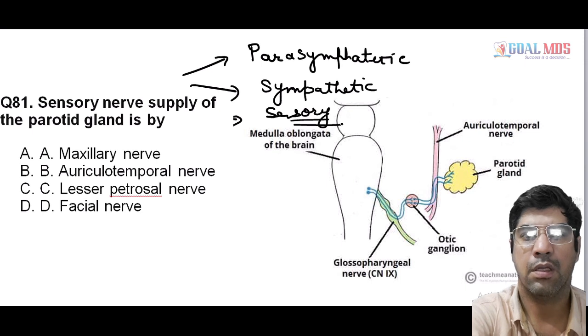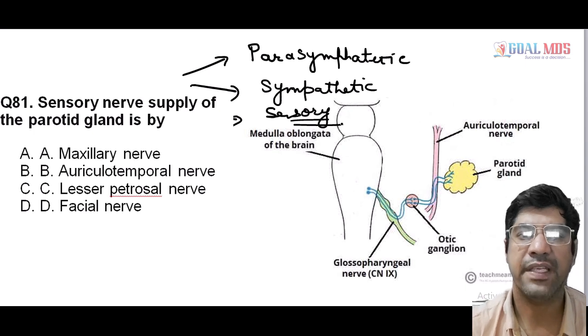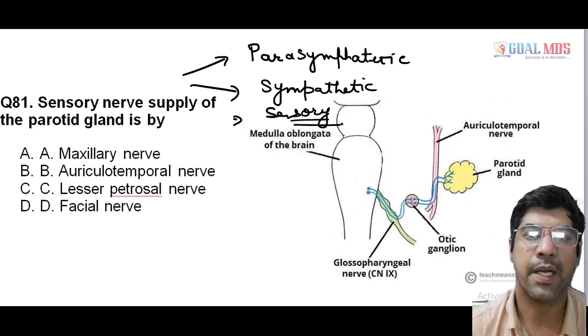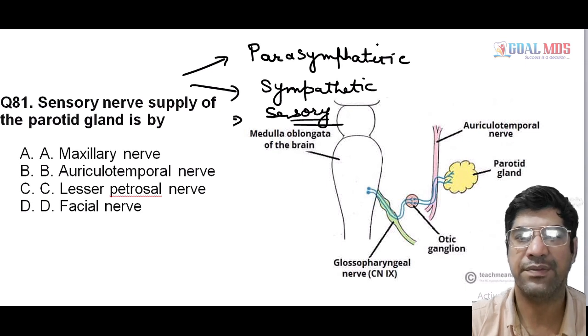Now the parasympathetic nerves, they are the secret agents. Think of these nerves as a start button for your parotid gland for the parotid juice production. So when you eat, your brain will send a signal to these nerves to tell the gland to release saliva.